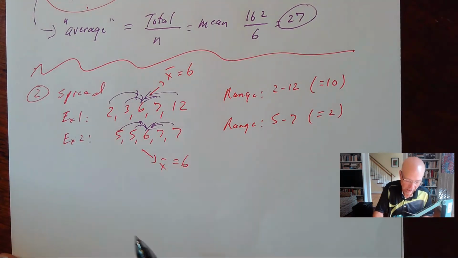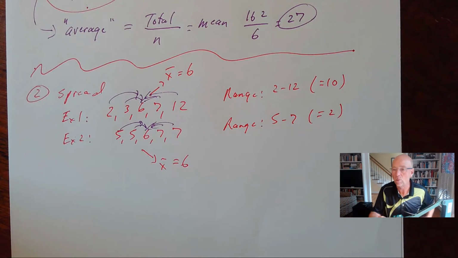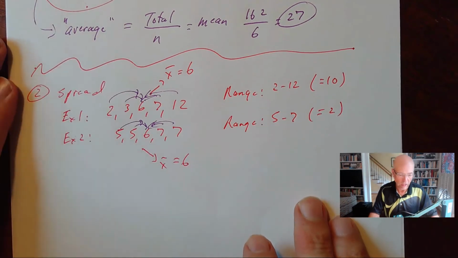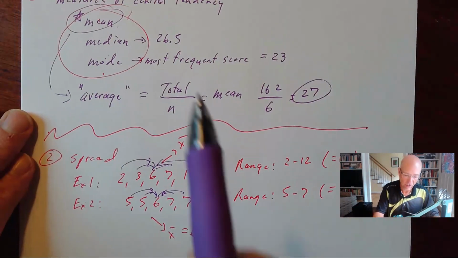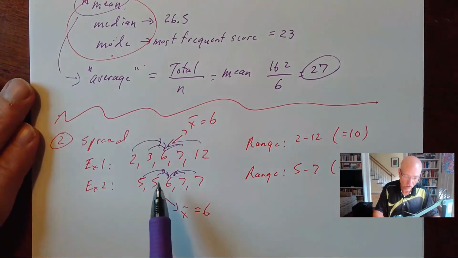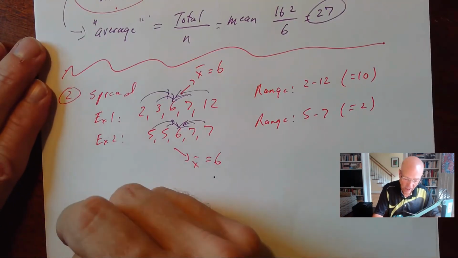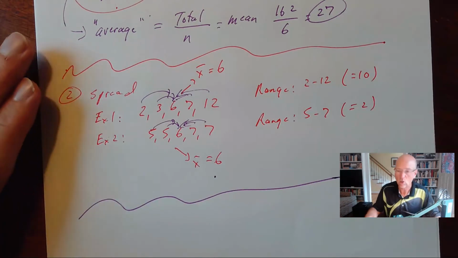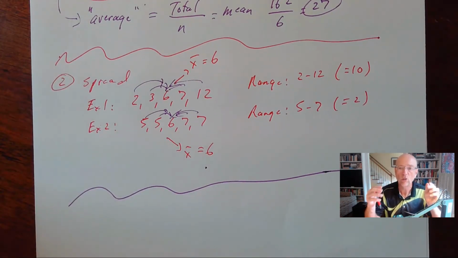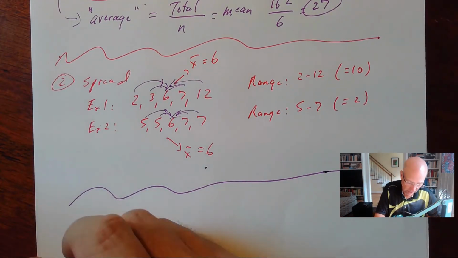That idea will be a common theme as you do more statistics later in your math career. So we have statistics that describe measures of central tendency, and statistics that describe spread. The thing that we're missing is a graphical visualization of the data set.